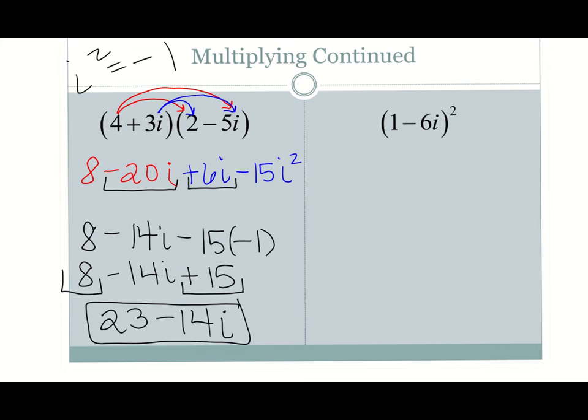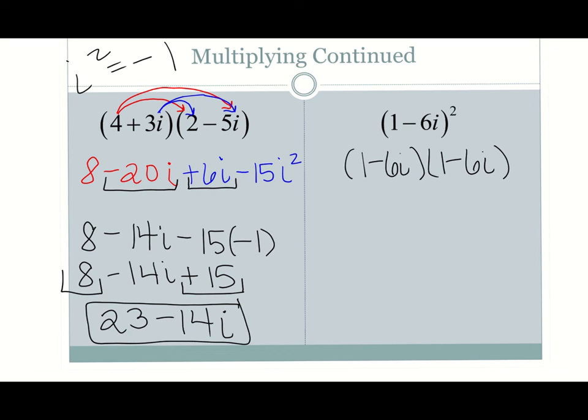Now our final example, 1 minus 6i squared. Hopefully we know what to do here, because from unit 3, anytime we have a binomial squared, we have to write it out twice. So I have 1 minus 6i times 1 minus 6i. And then from here I do what I did on the previous example. I multiply in 1 and -6i.